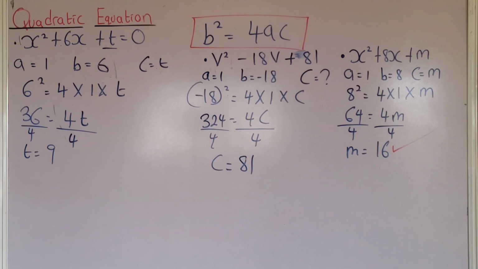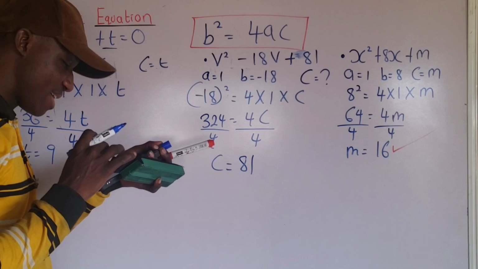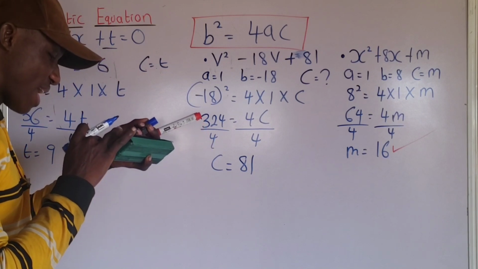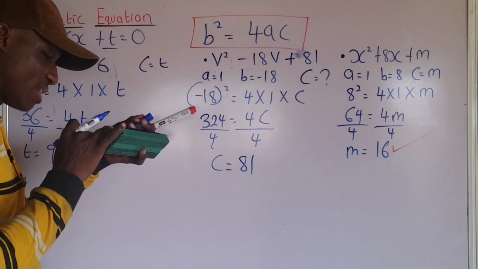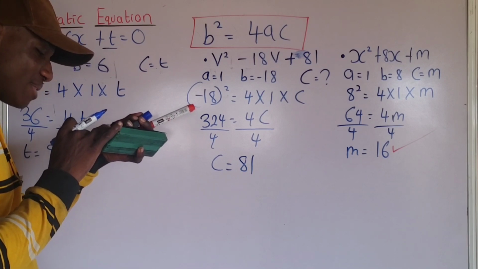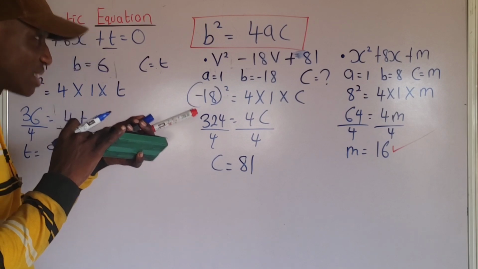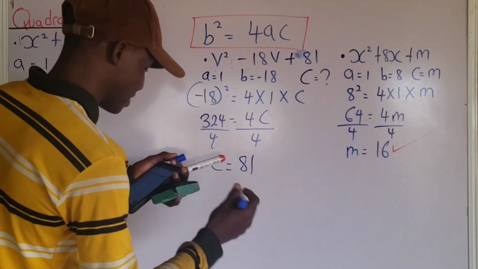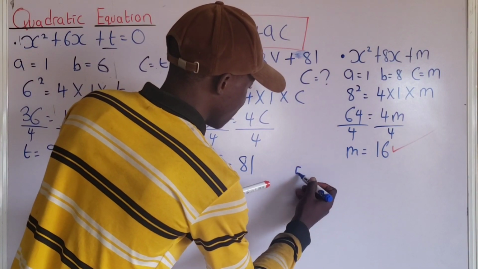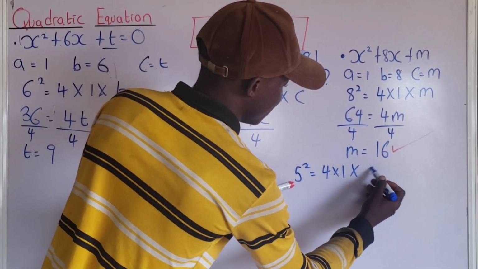All you have to do is substitute the value of a as 1, and b as 5. Then solve for the value of c. You understand? That is b squared, 5 squared, equals 4 multiplied by 1 multiplied by c.